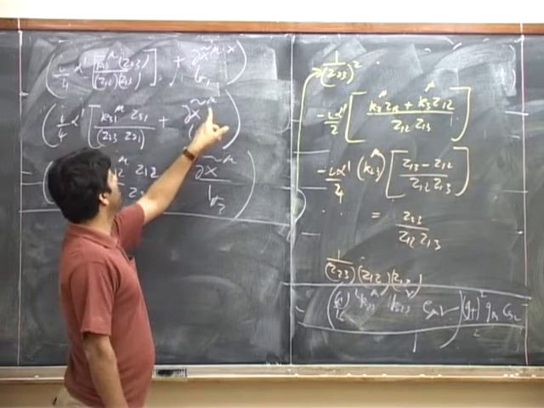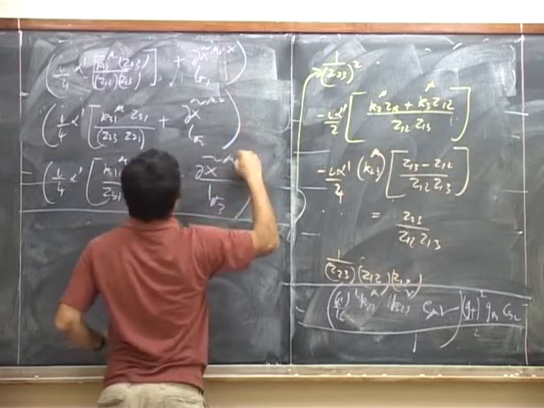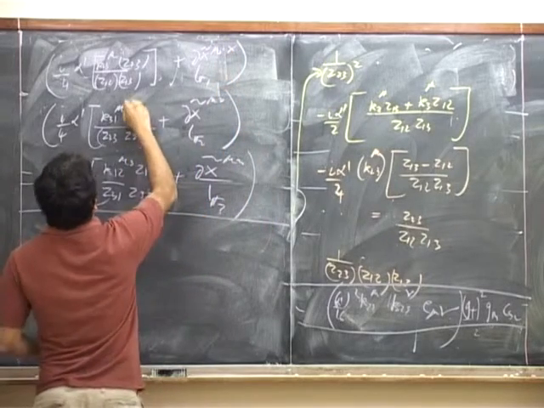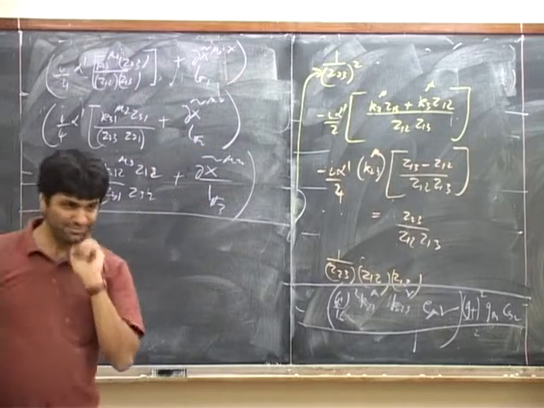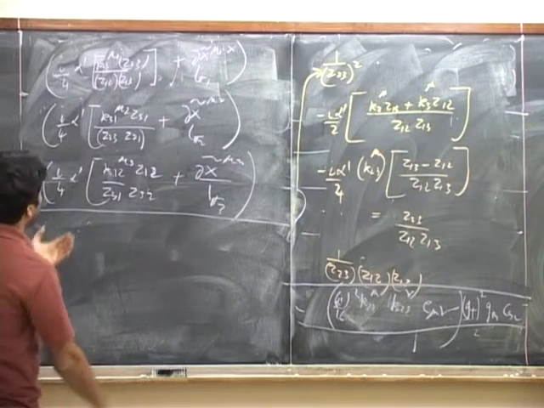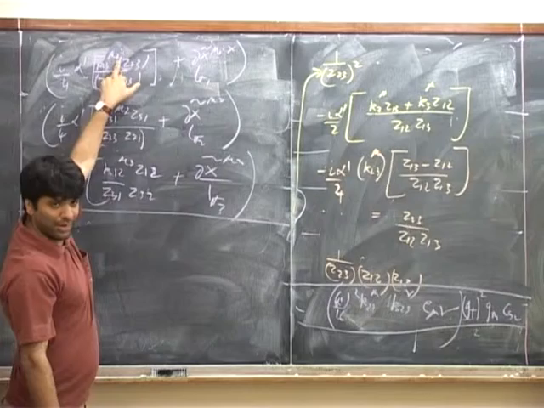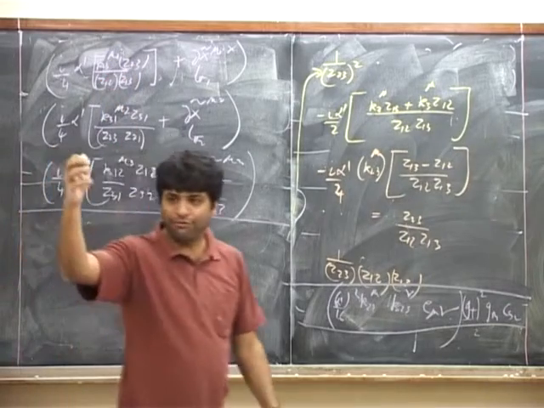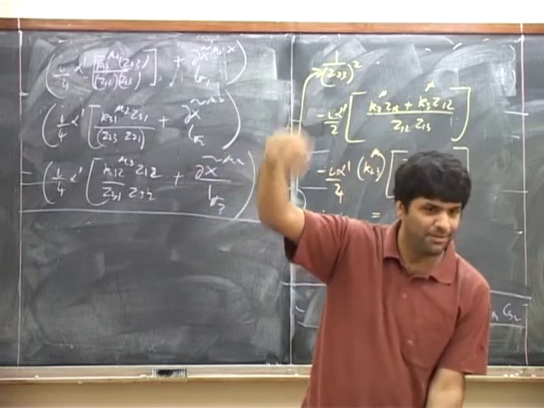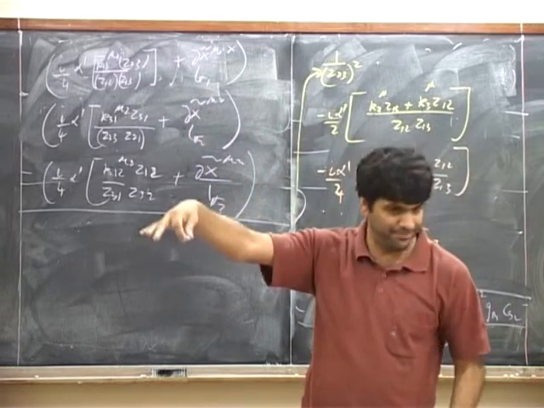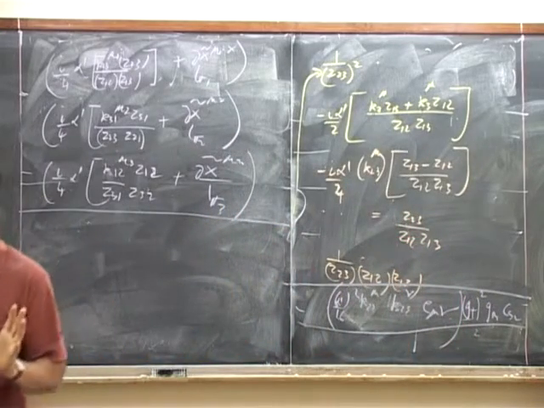In index space, contracting this guy and this guy, so this was mu1, this was mu2, this was mu3, gives us a delta. So the index structure of what we're going to get is K1 mu1 times delta of mu2 with mu3 plus K2 mu2 times delta of mu1 with mu3 and so on.